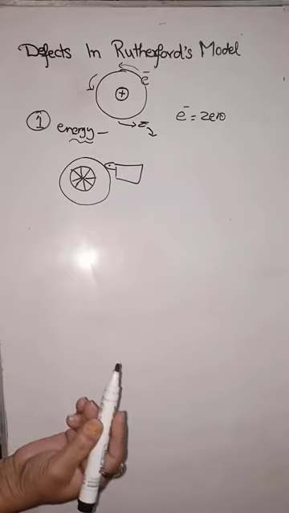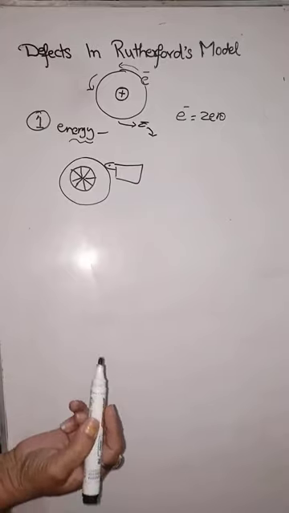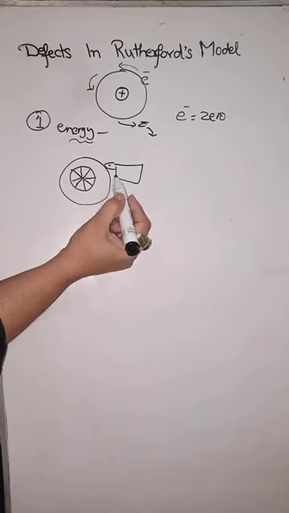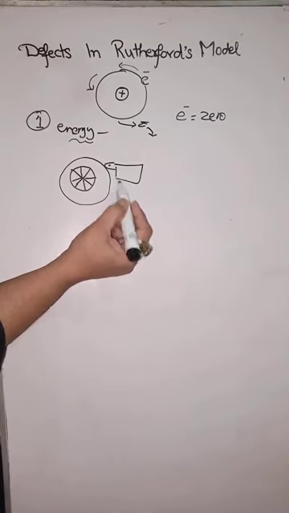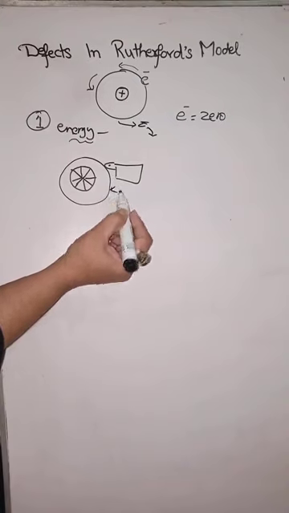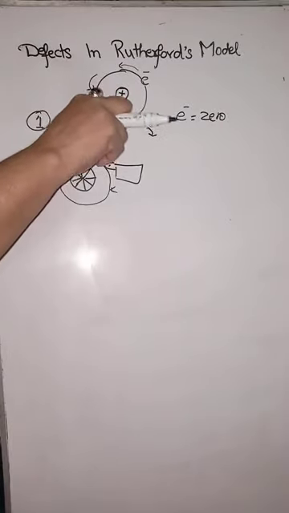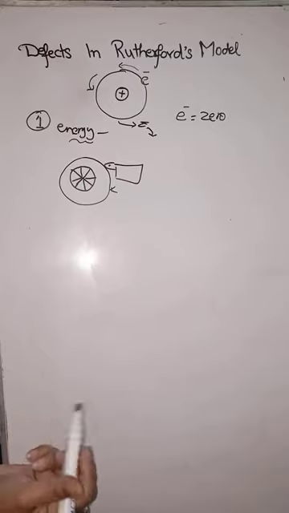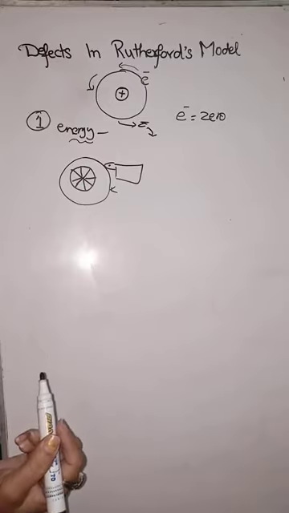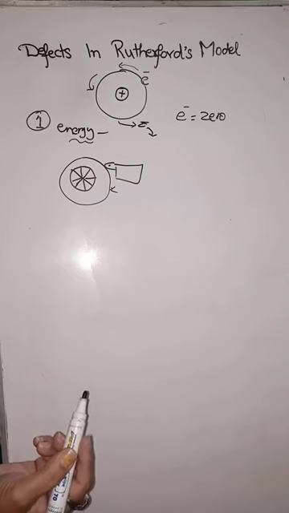A time will come when it will get tired, it will have no more energy, and it will definitely fall near around the well. Now this was the defect, because this doesn't happen. Electron doesn't fall into the nucleus. This was the first defect in Rutherford's atomic model.